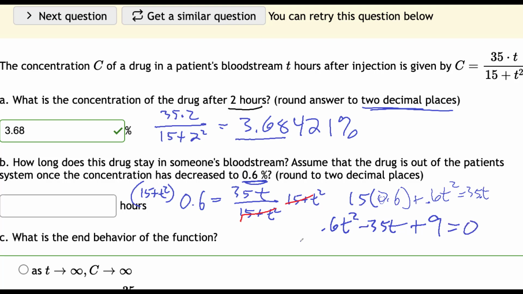Now if you use the quadratic formula, T equals negative of negative 35 plus or minus the square root of negative 35 squared minus 4 times 0.06 times 0.9 all over 2 times 0.06.